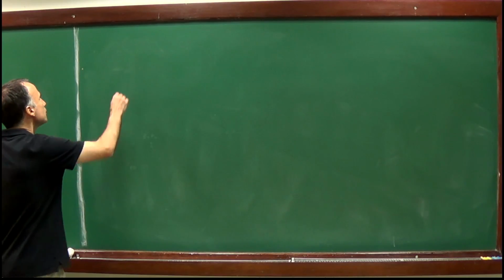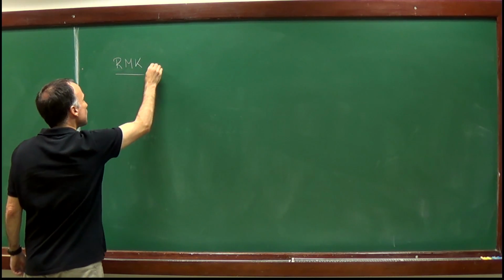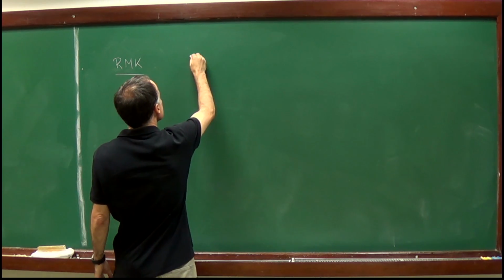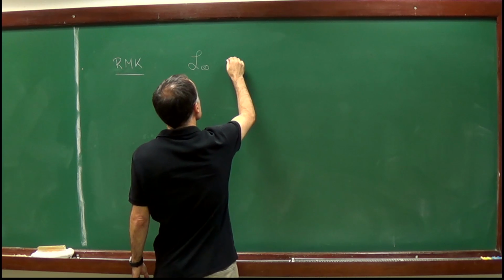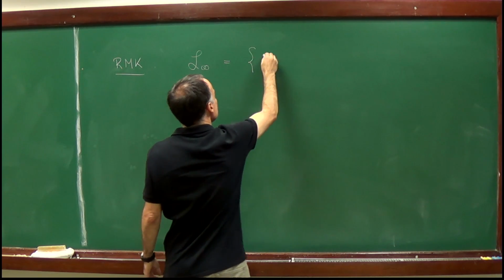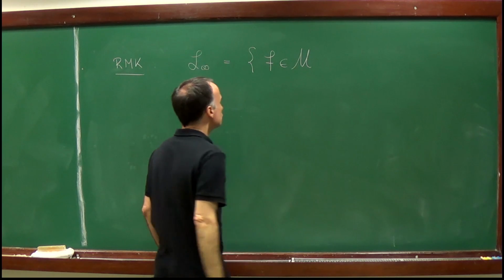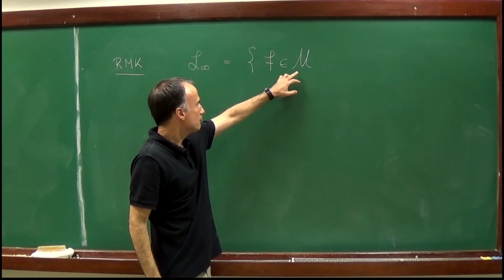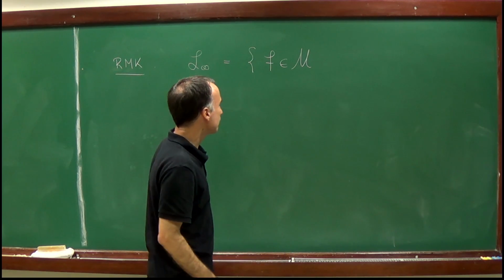So let me conclude this section with two remarks. The first one is the following. Let's call L infinity the space of all functions f in M. Remember, this calligraphic M represents the equivalence classes of functions.